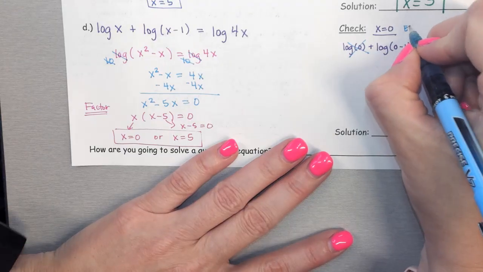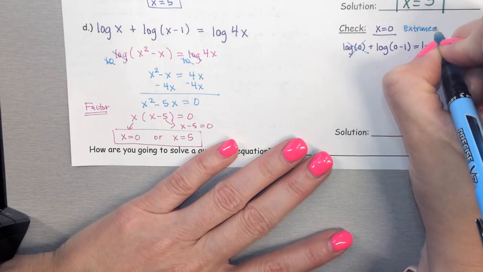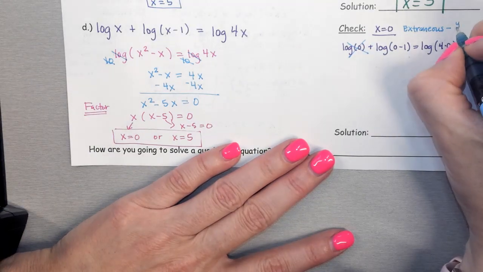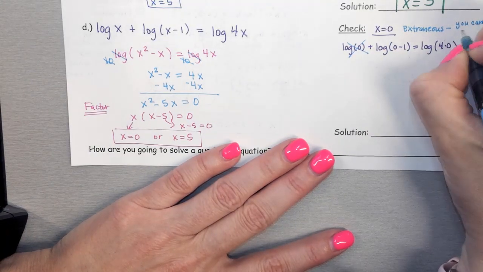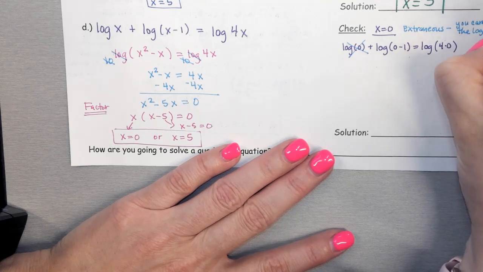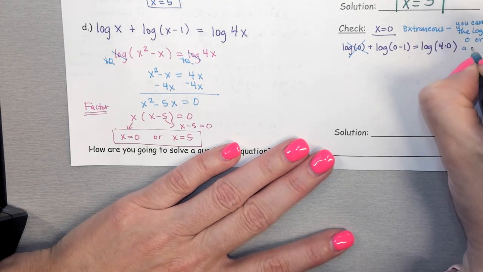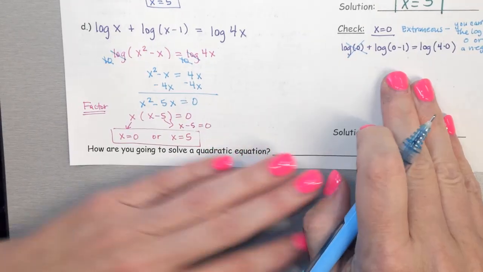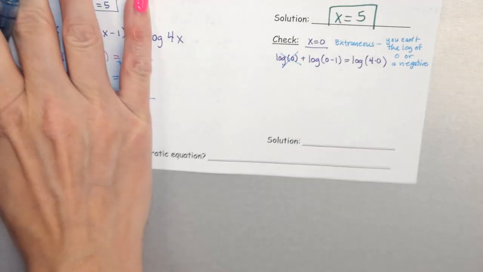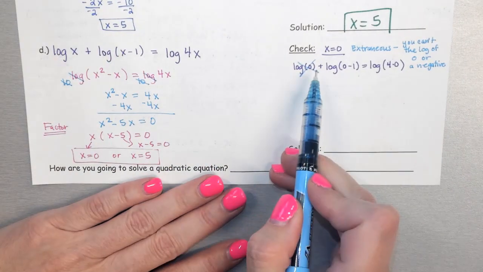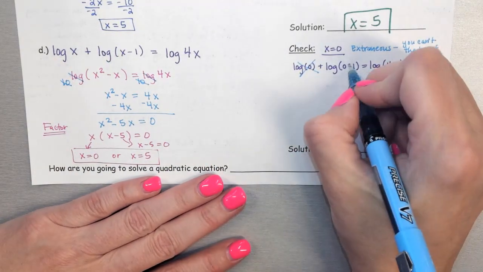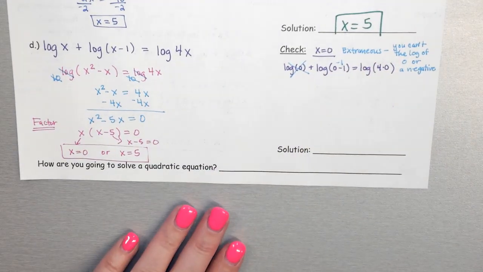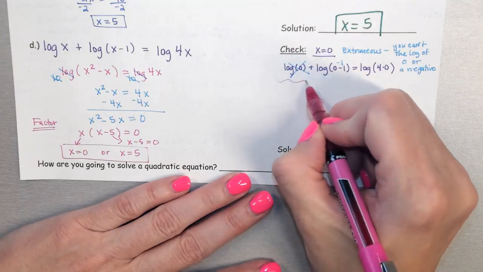This is extraneous, because you can't take the log of 0 or a negative. That is something you'll have to be able to explain on your assessment. So make sure you understand what happens when you plug it back in, because this would be a negative, that would be 0. So that's not going to be one of our solutions.